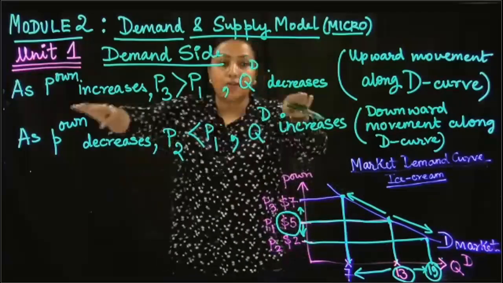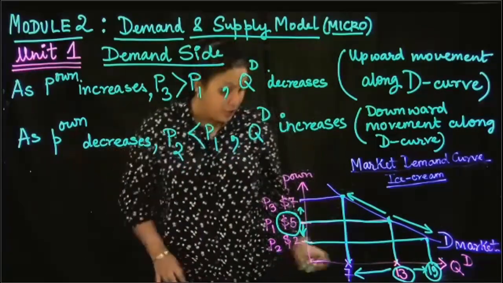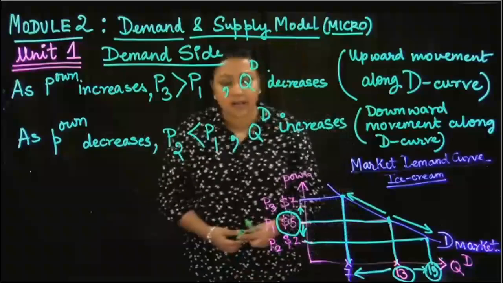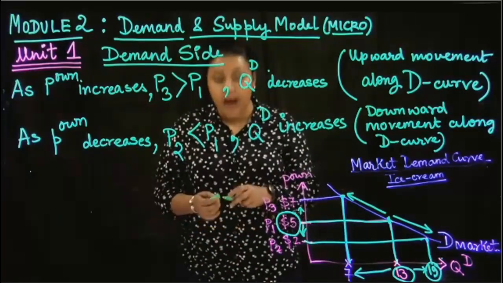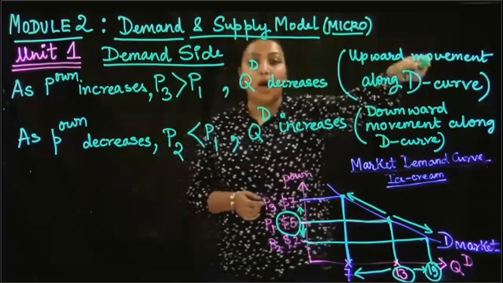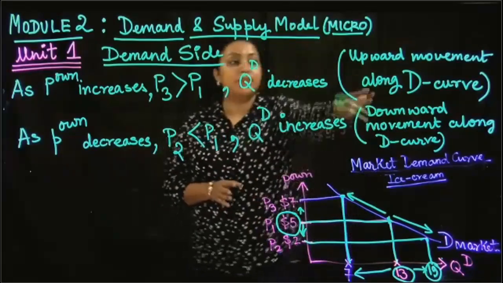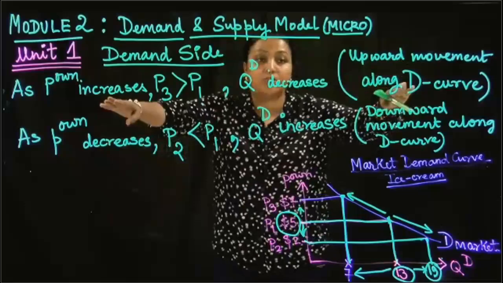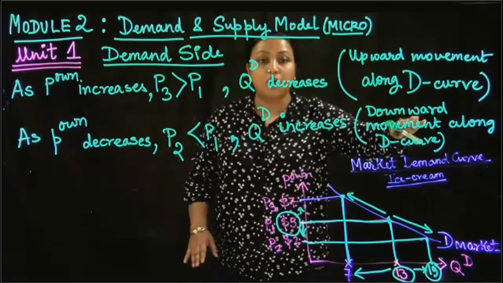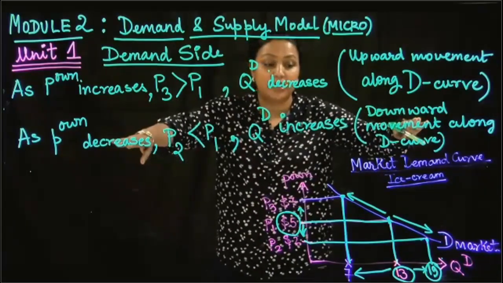We had already covered this inverse relationship under the law of demand, but the mechanism through which the law of demand takes place is through an upward or a downward movement along the same demand curve. There is an upward movement whenever there is a price increase, and there is a downward movement whenever there is a price decrease.